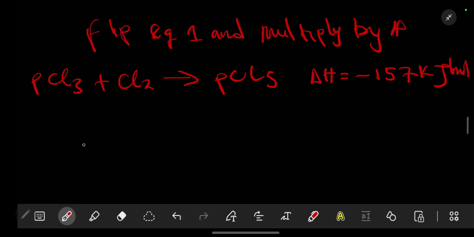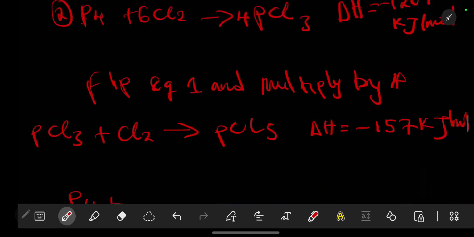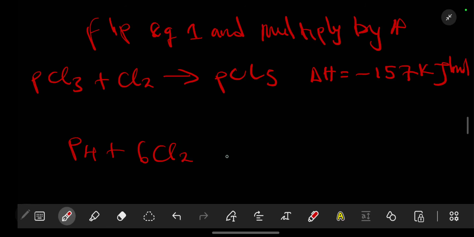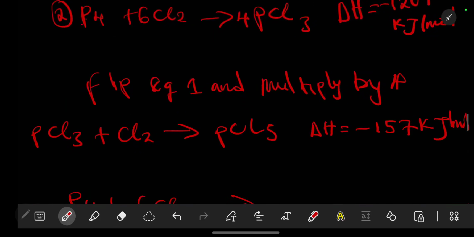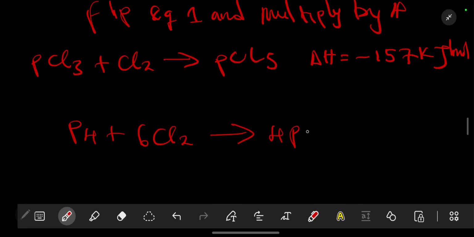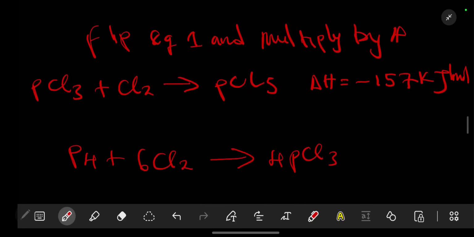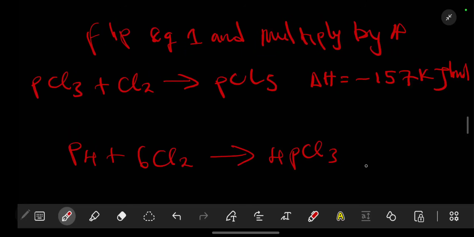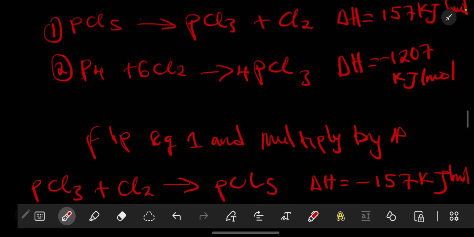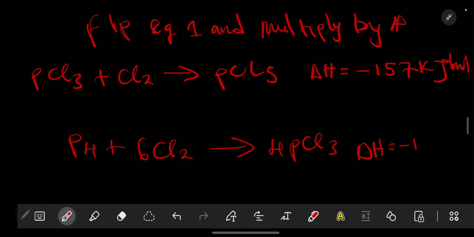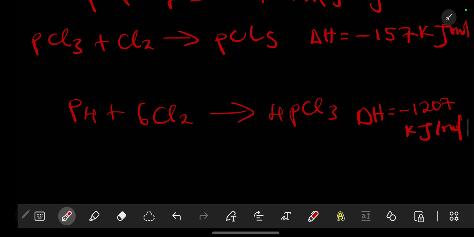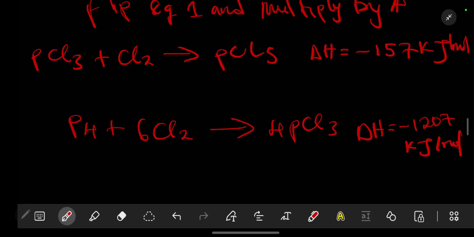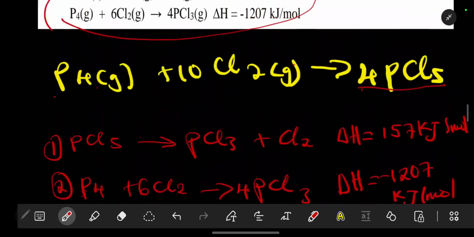So we are going to just get this equation: P4 plus 6Cl2 to produce 4PCl3, the change in enthalpy is equal to negative 1007 kilojoules per mole.